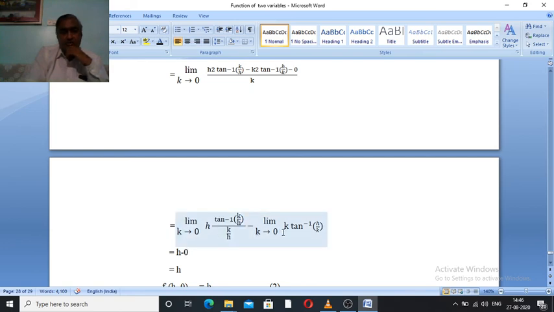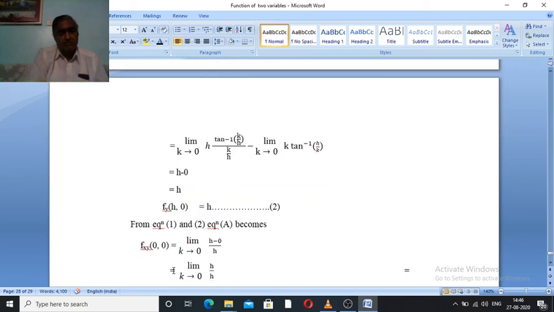Take limit k tends to 0: 0 into this is 0. Here limit k tends to 0 of tan⁻¹(k/h) is 1, h into 1 is h, h minus 0 is equal to h. Therefore f_y at (h,0) is equal to h.